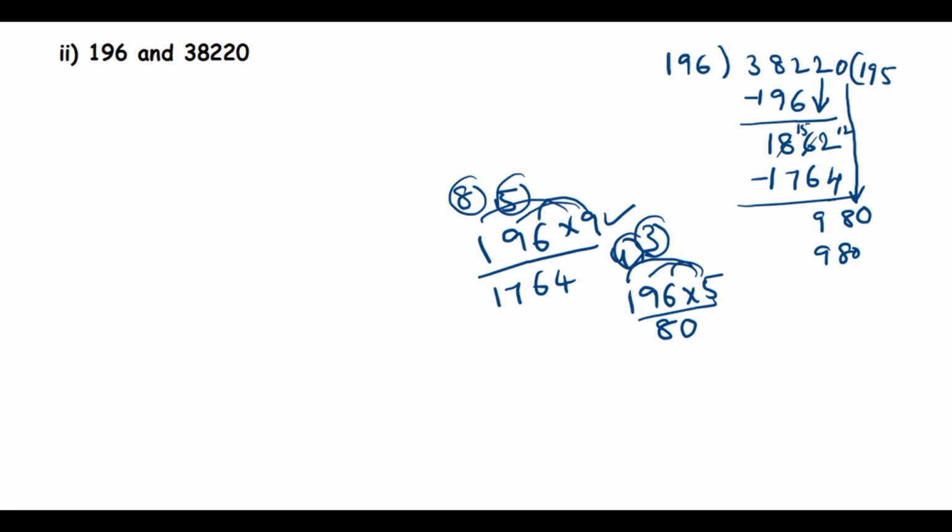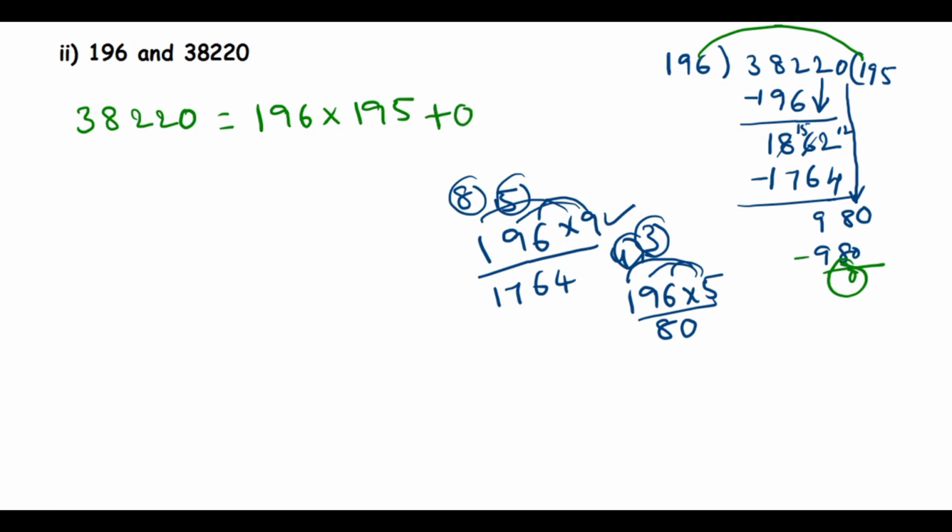Then how to write this one? 38,220 we can write as 196 into 195 plus 0.